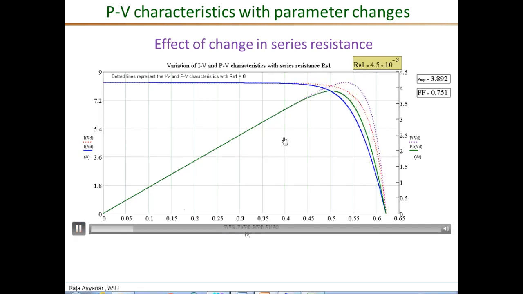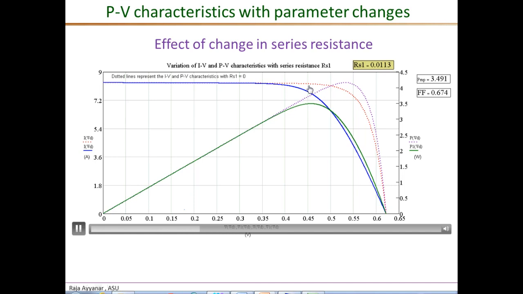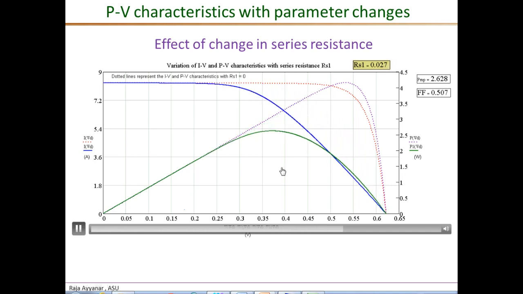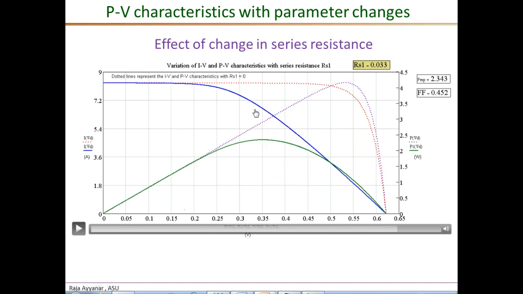So the dotted lines are the IV and the PV curves corresponding to RS equals 0, and the solid blue and the green curves are the IV and the PV curves respectively for the varying series resistance. The value of the RS also is given in this box, and the corresponding maximum power for each value of RS is given here, and the fill factor is shown at this point.